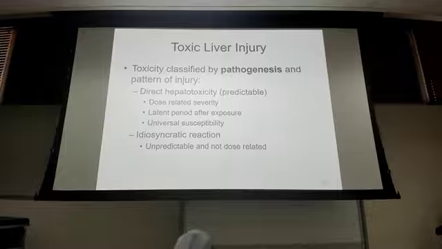And universal susceptibility. If it's direct hepatotoxicity and it's predictable, universal susceptibility means we expect this to happen in most patients. Whereas one of your patients may have a genetic disorder that predisposes them to some type of hepatocellular damage, if there's something going on, that's a one-off.